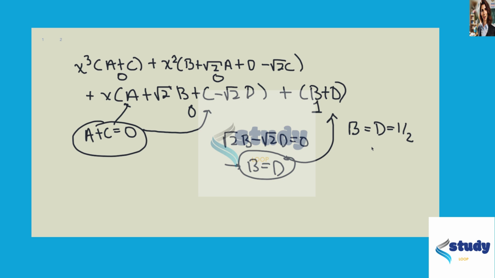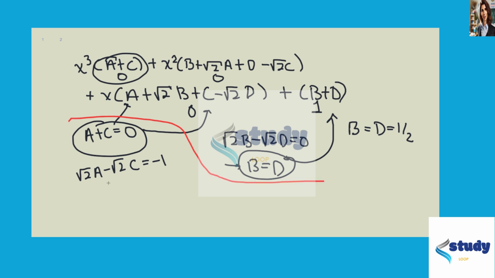Now similarly, we could solve for a and c because we have one equation up here, a plus c equals 0, and then plug in our values for b and d into this equation here. You get root 2a minus root 2c equals minus 1. So solve this 2x2 system over here on the left for a and c.